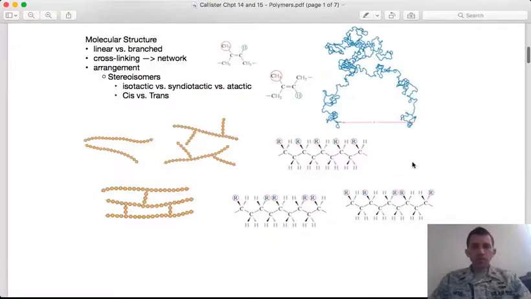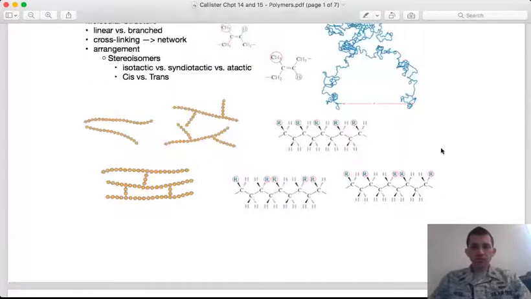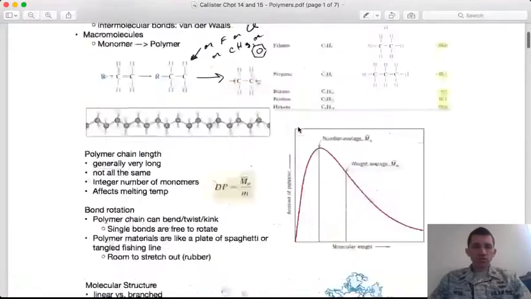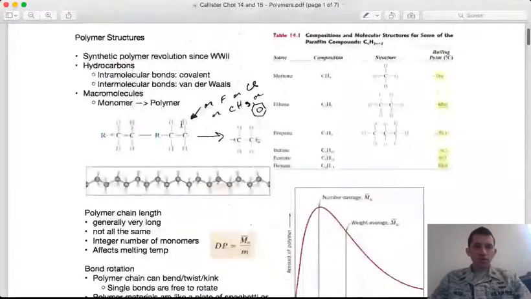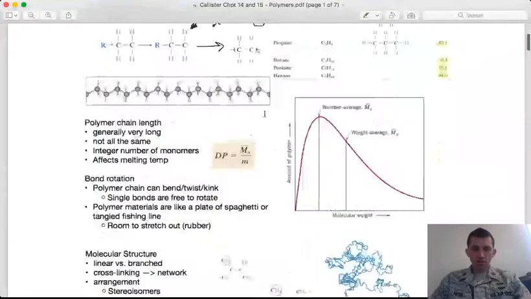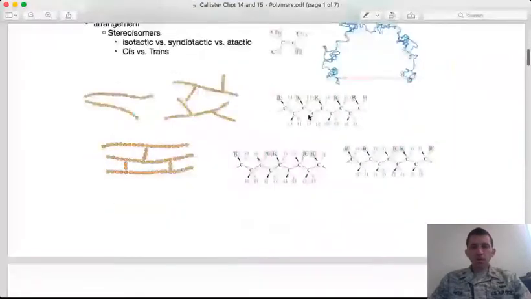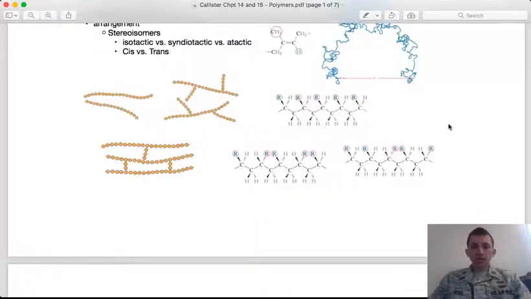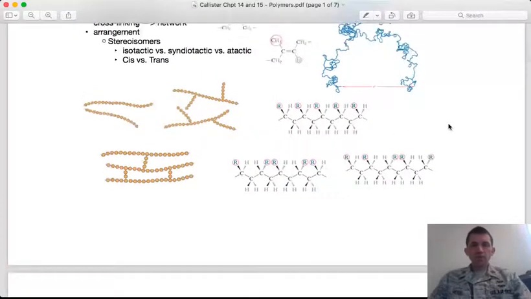And you can also have different arrangements of the side groups. So I mentioned up here that you could swap out hydrogens for other side groups, and they could be quite large. And so if you have large side groups, they need to arrange themselves also, and there are different ways that they can do that.